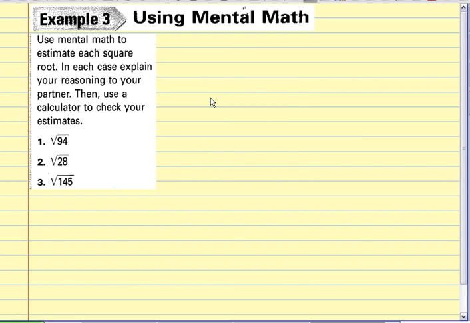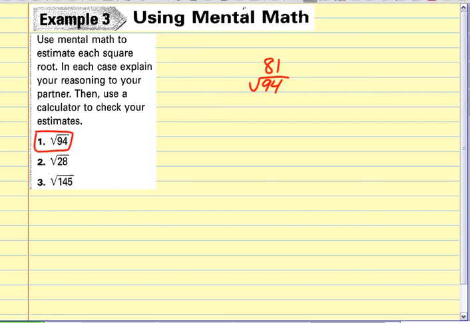Let me ask you this. Vivian, let's look at 94 first, so the square root of 94. Now I'm going to ask you a series of questions, okay? Vivian, what's the perfect square less than 94? Isn't it 9 times 9 is 81? 81, perfect. 9 times 9, okay?